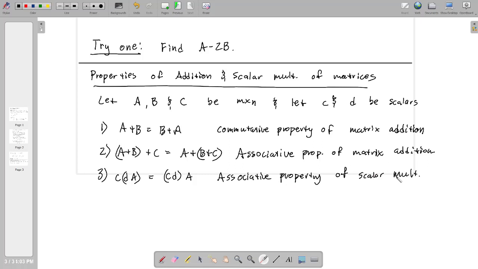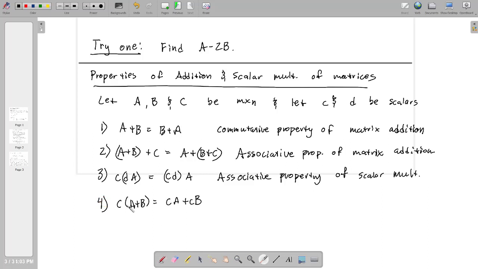If it was just a number times a number, then it would just be multiplication. But because we have a number times a matrix, it's scalar multiplication. The associative property, like before, is basically the same. You can multiply in any order you want to: c times d first, or d times A first, and then c times the result.